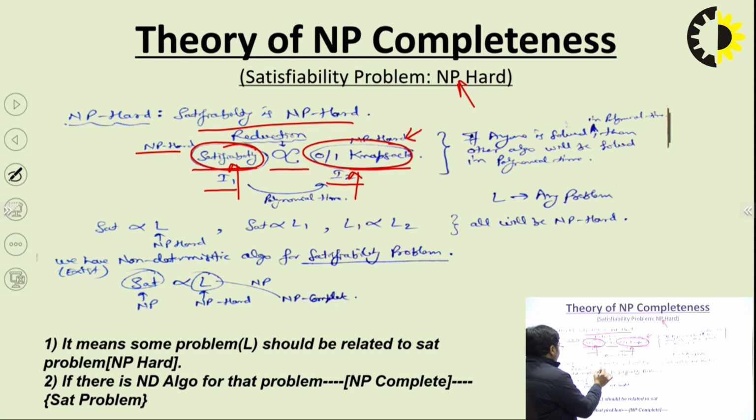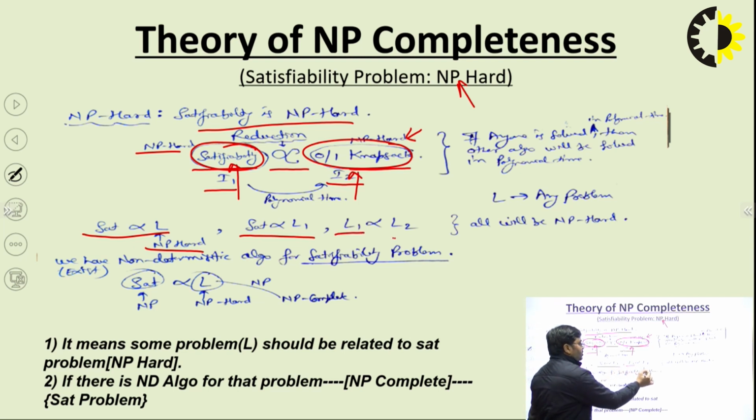Means if satisfiability is reduced to some problem L, which is NP hard, and satisfiability is reduced to L1, and L1 is again reduced to L2.